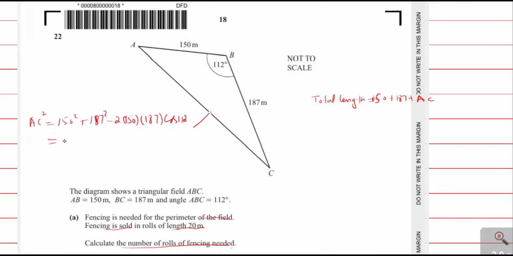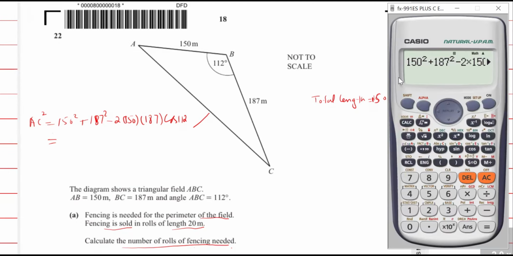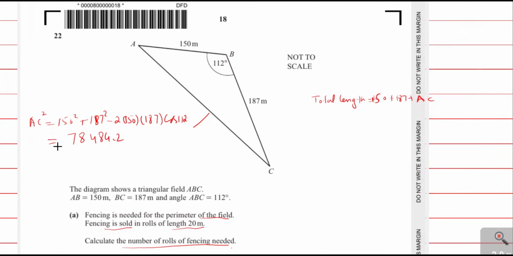And this AC squared, we can calculate, is 150 squared plus 187 squared minus 2 into 150 into 187 into cos of 112, and this will be equal to 78484.2, and AC will be equal to the square root of this value.